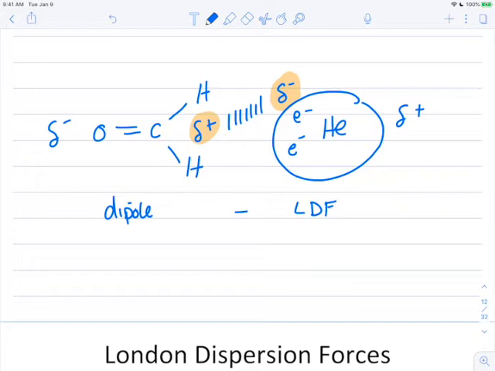So if you had one thing that was a dipole and one thing that was nonpolar, then it would be between a dipole and a London dispersion force.